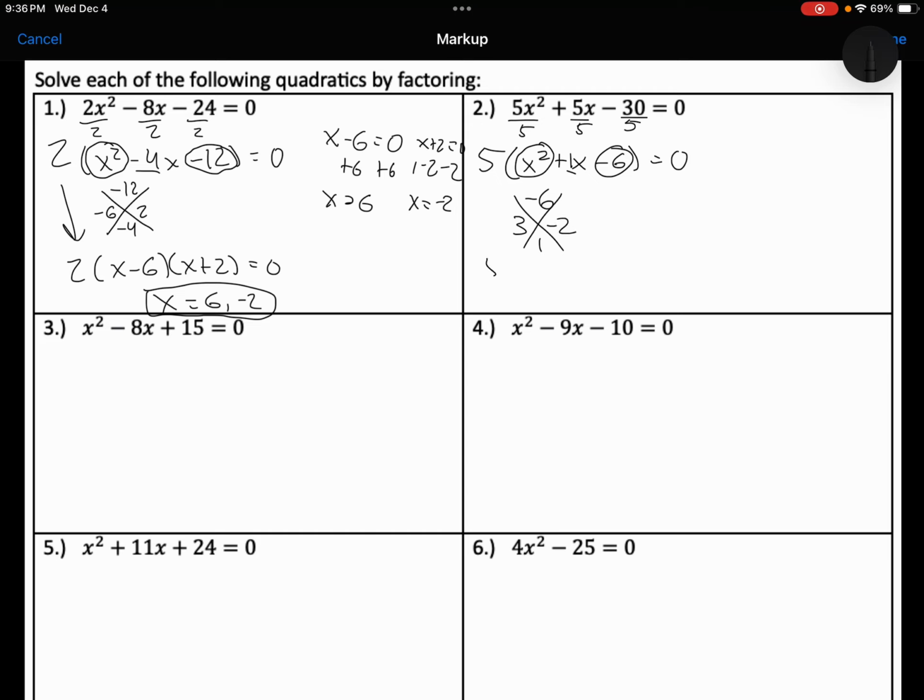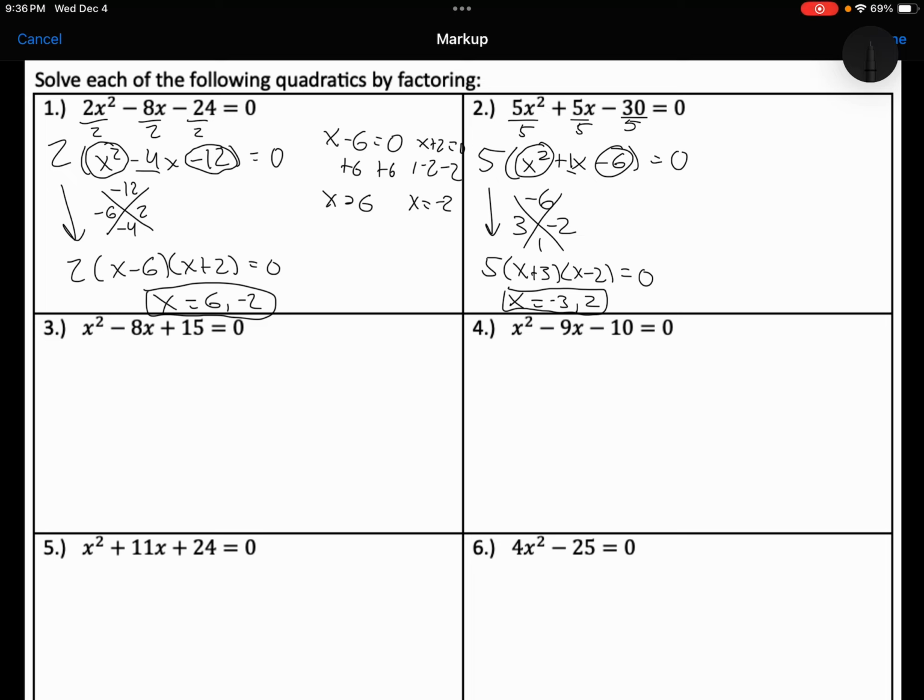So that gives me that 5 from the greatest common factor, x plus 3, and x minus 2 equals 0. These are the factors. From here, I can see that my values for x are going to be x is negative 3 and 2.